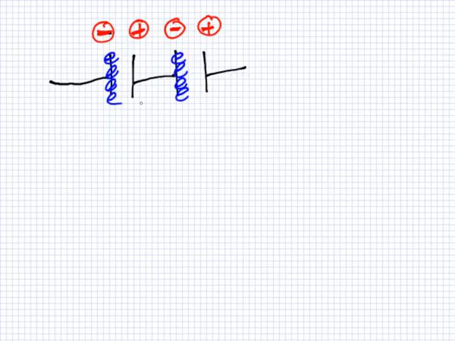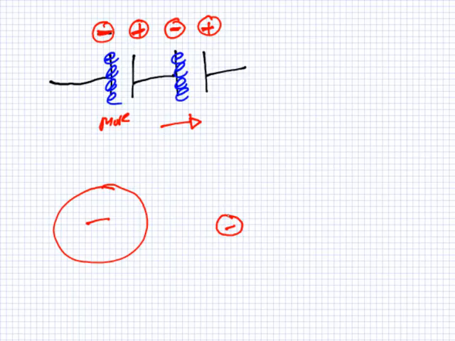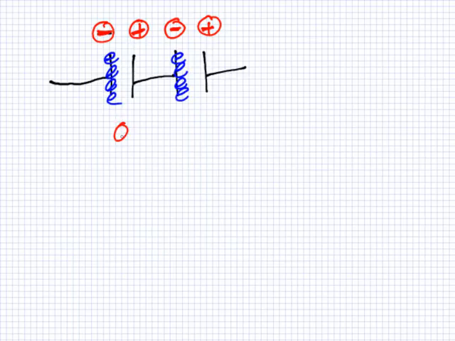These must be balanced, because if there were more electrons here, what would happen? It would be pushed to the right. Imagine you had a lot of negative here and a little negative here. It wouldn't be balanced. It'd want to move to the right. So what I'm saying is Q1 must be the same as Q2 when they're in series. The charges must be equal in each capacitor.